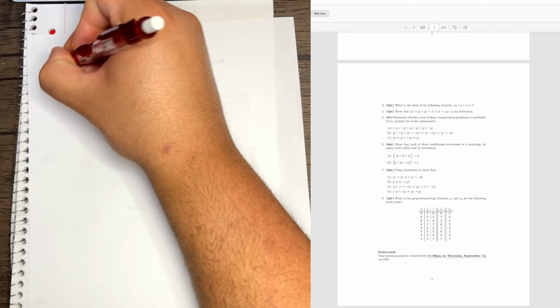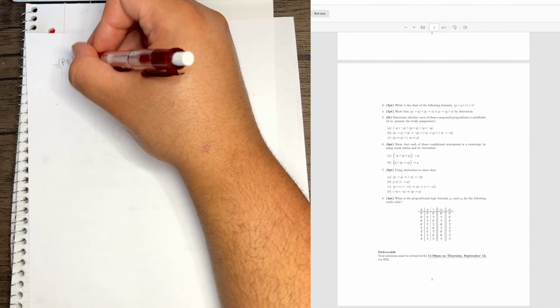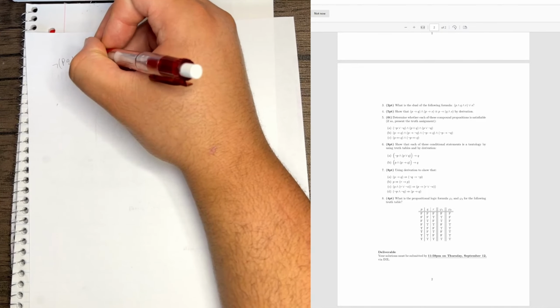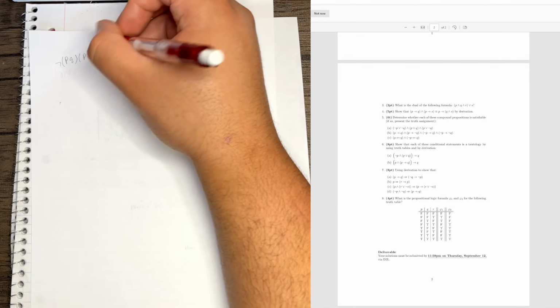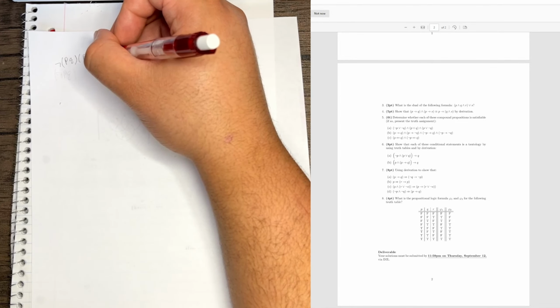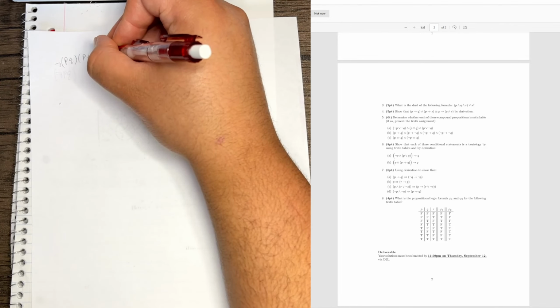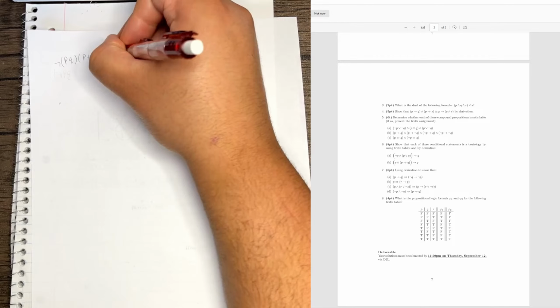Not PQ, P or Q, P or Q, and P or not Q. Yeah, it's still not exactly how I would have done it before, but that negation is kind of growing on me.